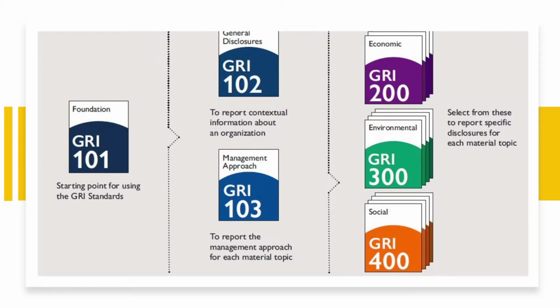And then the 200 series, 300 series and 400 series items are about reporting on economic, environmental, and social.